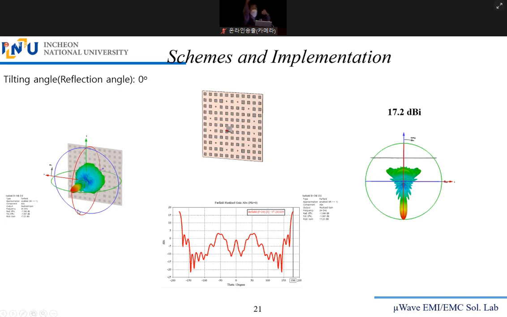It is very far. For 28 gigahertz, it should be larger than 50 centimeters at least. But for 2.4 gigahertz or Wi-Fi, some meters or tens of meters.